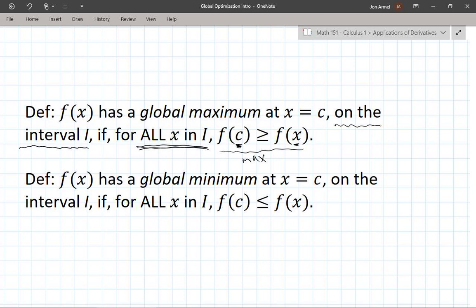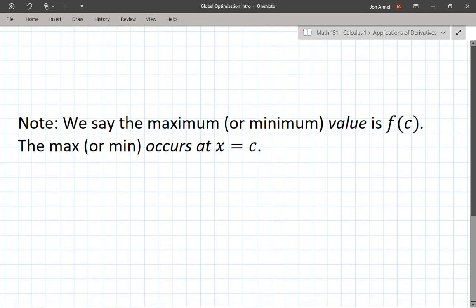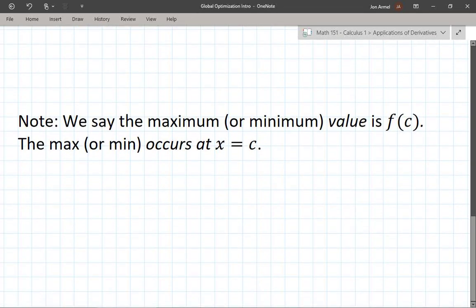Similarly for the minimum, the only difference is that now we have a less than or equal to. So the function at our special point c is smaller than the function anywhere else, at least on that interval. One other note about vocabulary: we say that the maximum is f of c, or sometimes we call that the maximum value of the function. Whenever you see value, you want to think of the output.